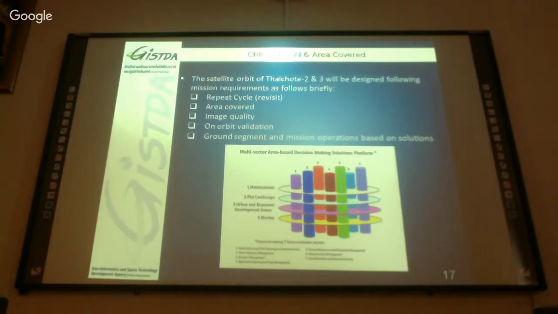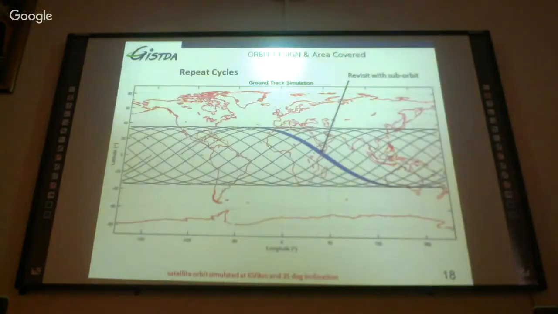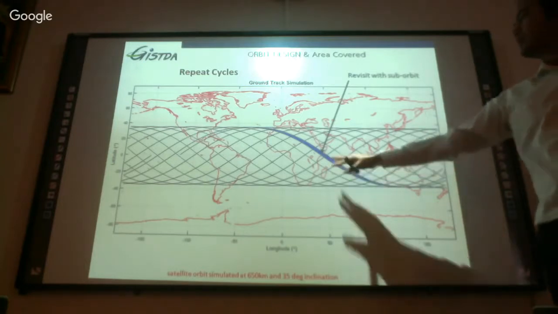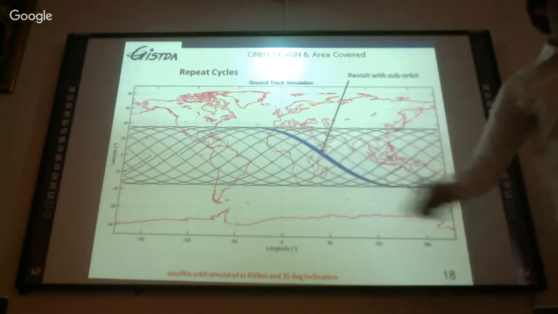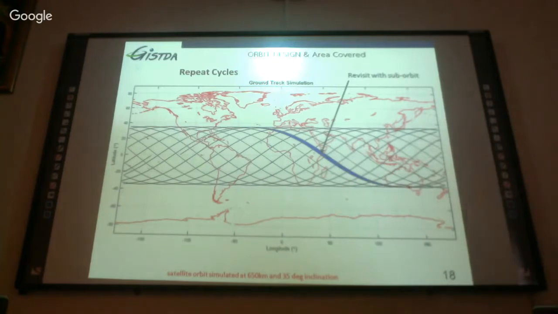In this presentation I want to show the Liping circle, where we need to get the image at the same time, at the same place, like the ellipsis. For the ellipsis, we have to consider the sub-orbit of the ground track. Then we can calculate the ellipsis time and the field of view of the camera.